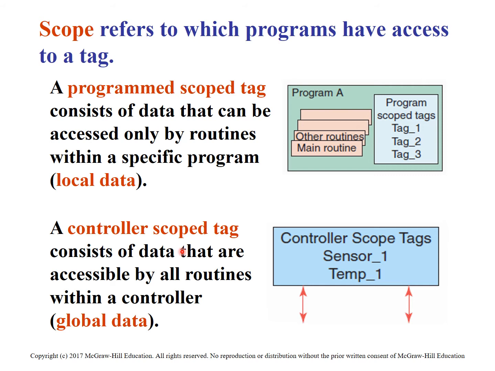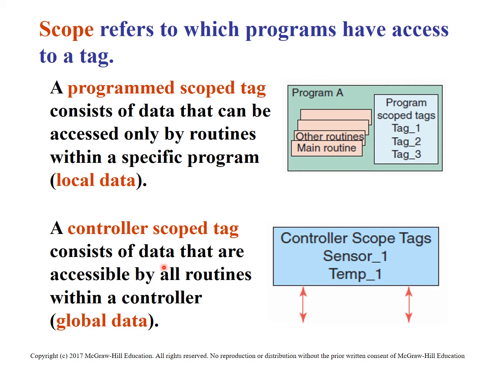The controller tags are the ones that are used throughout the entire program. These program scope tags are specific to one subroutine. So we want to make sure that we're focused on the global data, not the local data. Everything we're going to be doing is going to be in the global data.